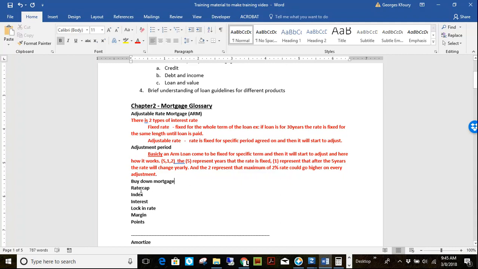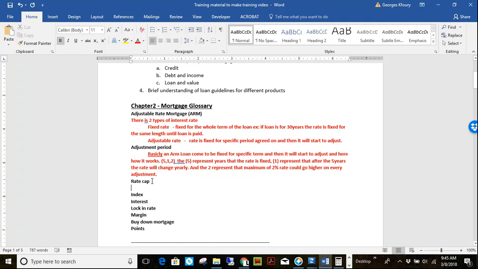Now, buy down. Let me keep all of these related to the rate together. Rate cap. Like we saw here, there is a 2% rate cap on the adjustment per year.